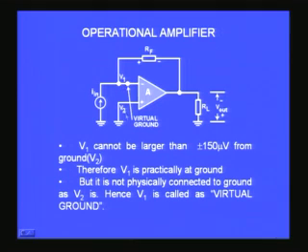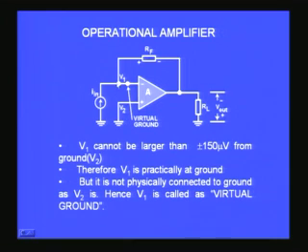So V1 cannot be different from V2 beyond 150 microvolts on either side. Therefore, if this is ground for all practical purposes, this also can be taken to be very close to ground or almost ground. So you find this point is not directly connected to the ground, but still it is very close to the ground voltage as long as the V2 terminal is connected to ground.